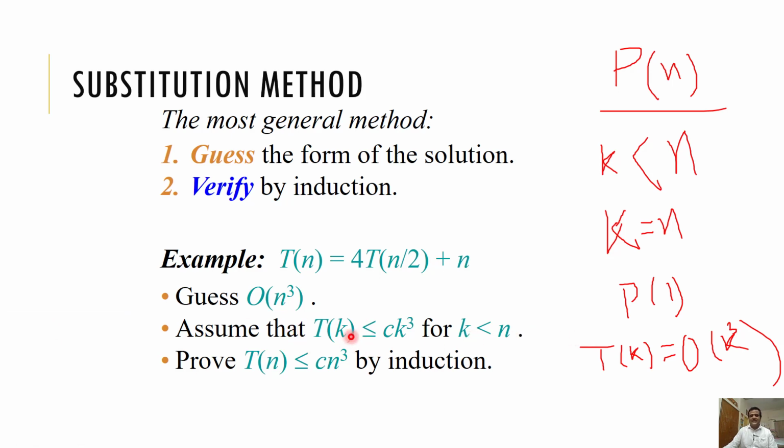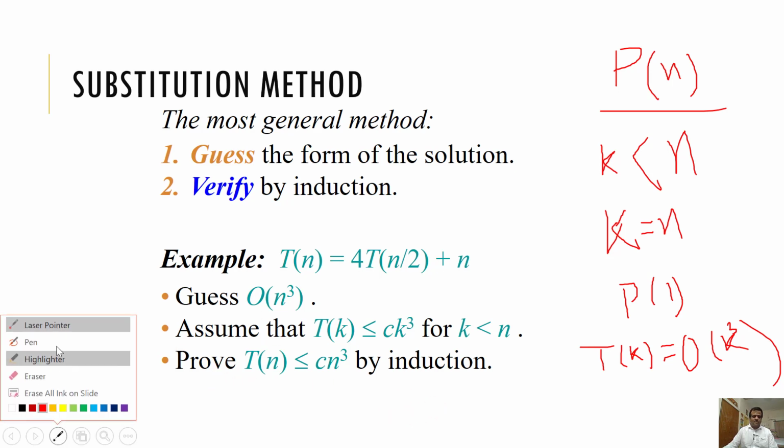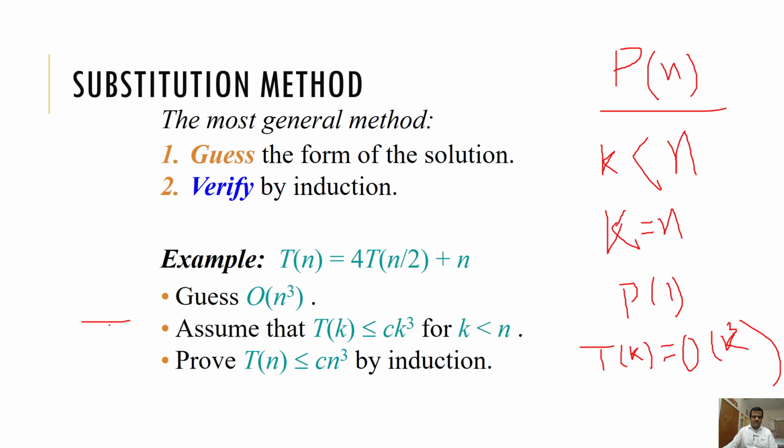That means T(k) is less than c k cube, which is the definition of big O. This is the induction hypothesis, the assumption. Now we need to prove that this is true for n.